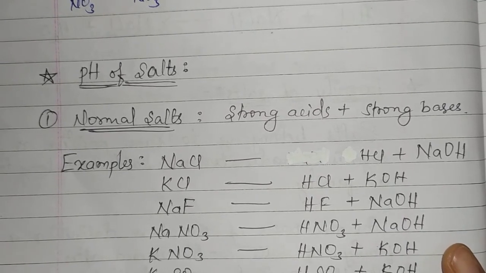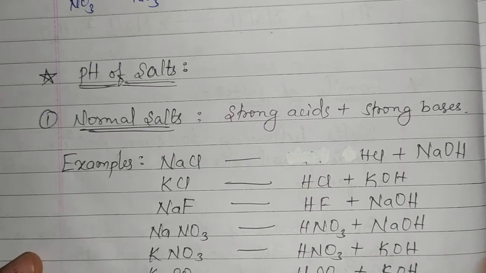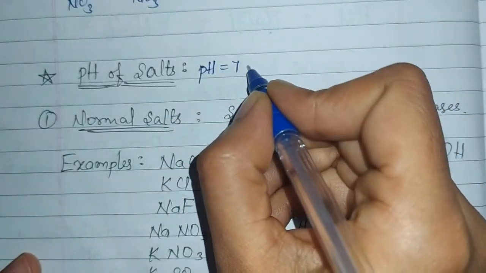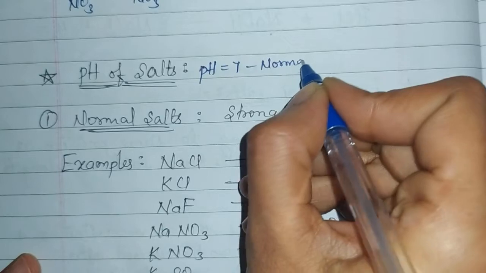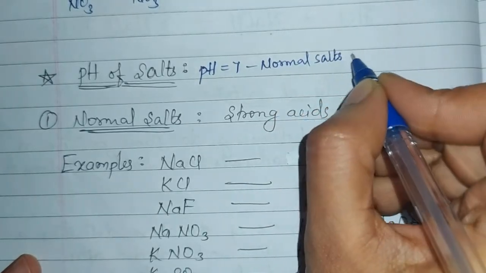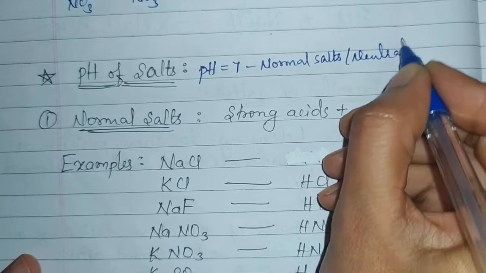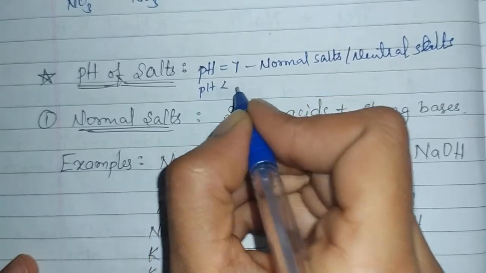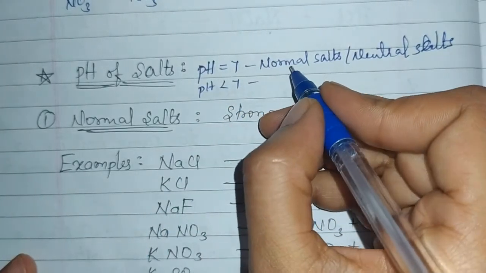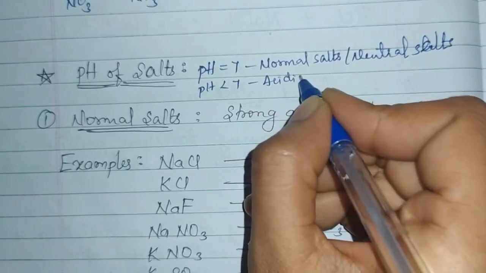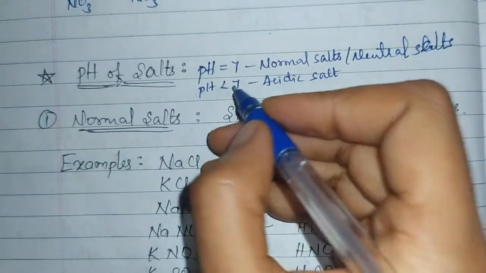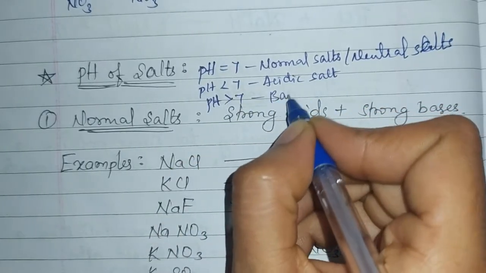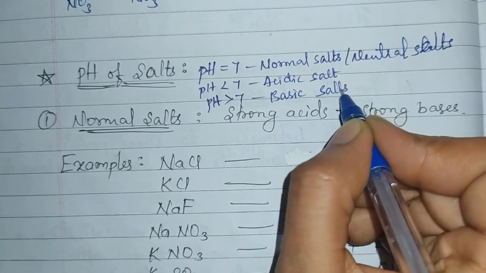If the pH equals 7, then those salts are said to be normal salts or neutral salts. If the pH is less than 7, then those salts are said to be acidic salts. If the pH is greater than 7, then those salts are said to be basic salts.